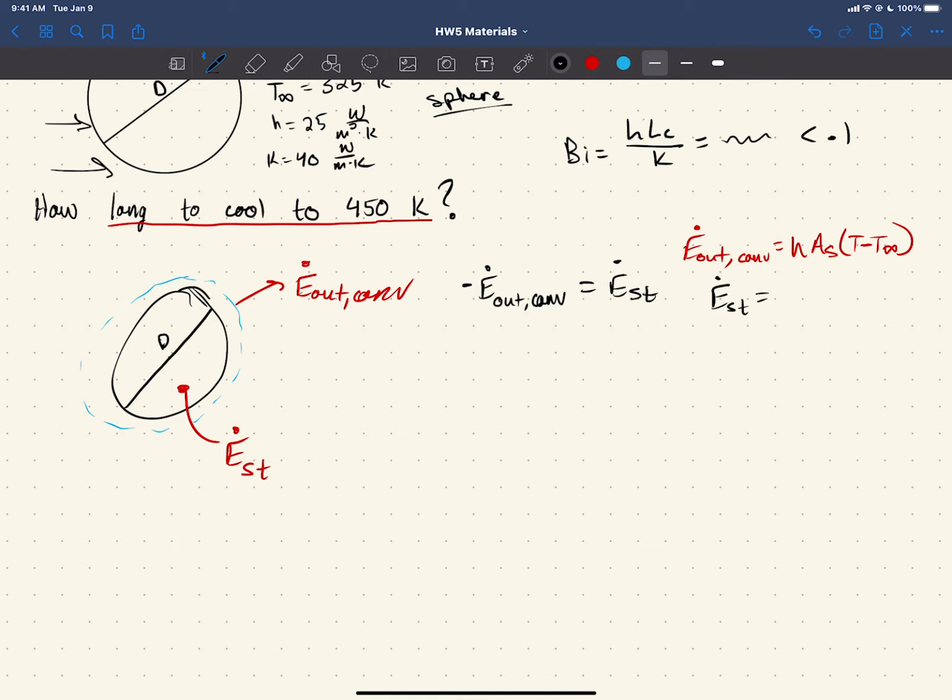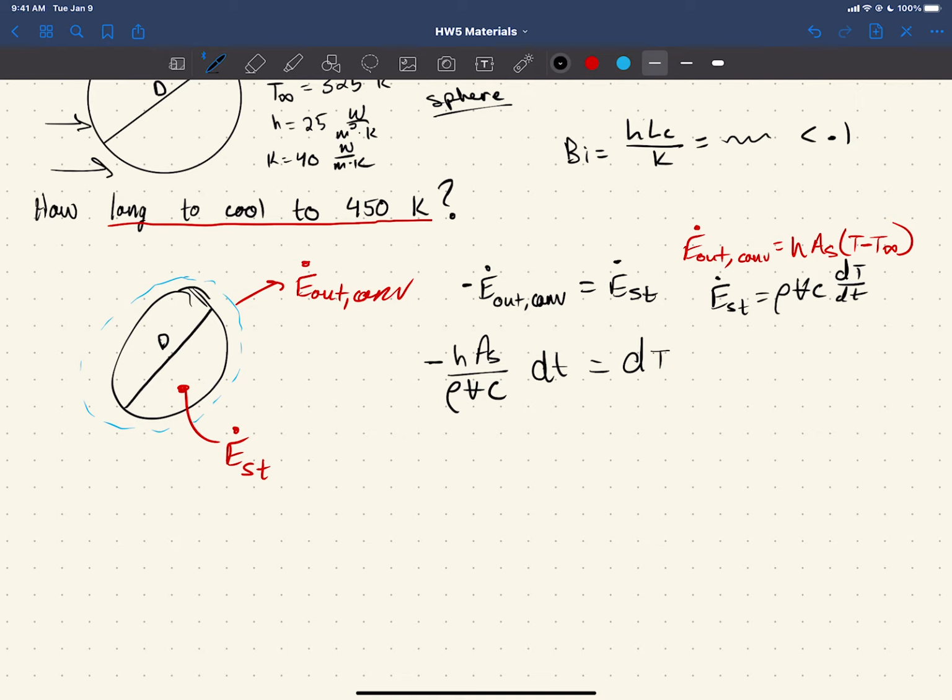And then E dot ST is going to be rho V C dT dt. So I'm already kind of cheating with the algebra, but you're going to get this, and then this will just be a dt.